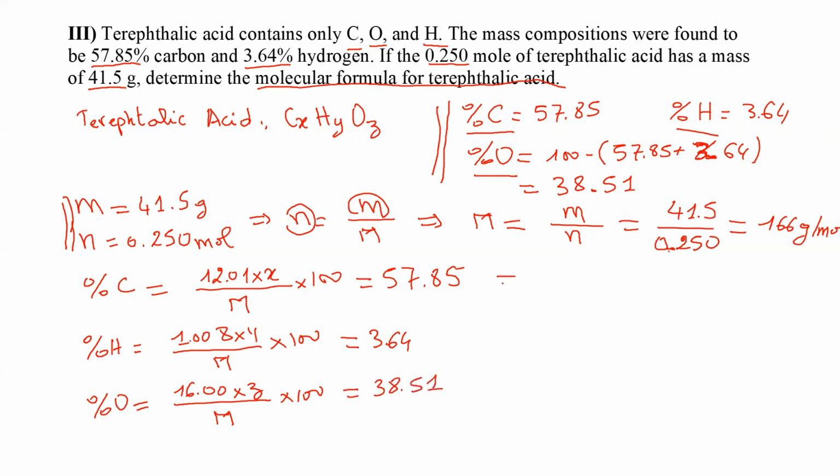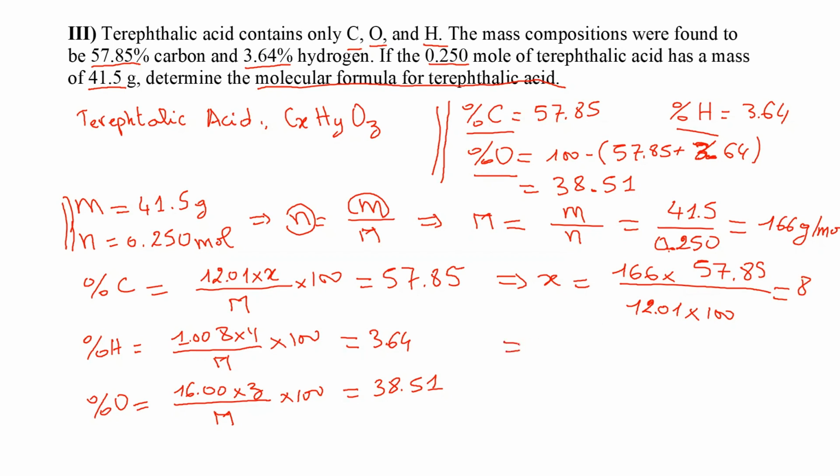So we can deduce X equals the molar mass of terephthalic acid, which is 166, times 57.85 divided by 12.01 times 100. And if you calculate it, X is equal to 7.99, this is 8, okay?